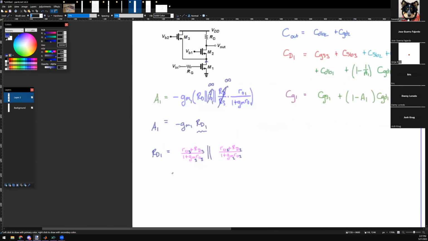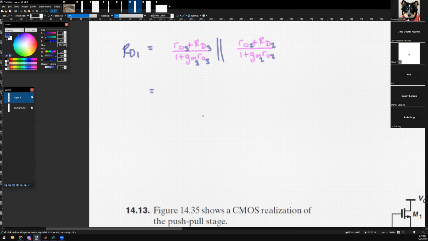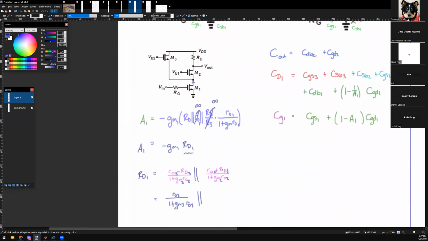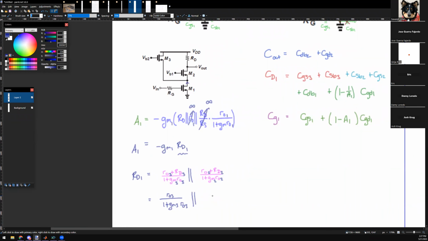Correct. So this guy is equal to RO3, which is infinity. Oh, sorry, let's do this. RD3 is 0, so it's RO3 plus 0 divided by 1 plus GM3 RO3. And then on the right-hand side, RO2 plus RD divided by 1 plus GM2 RO2.